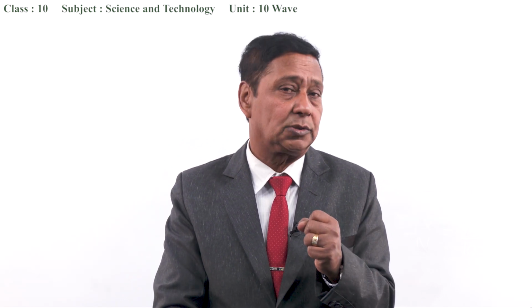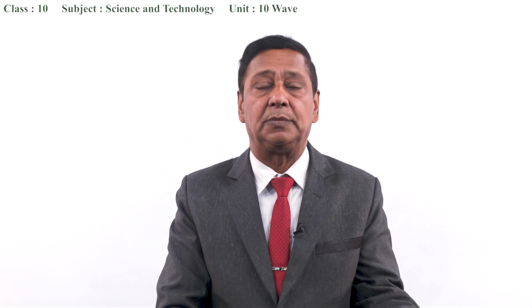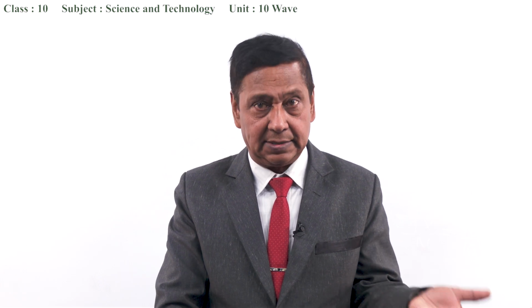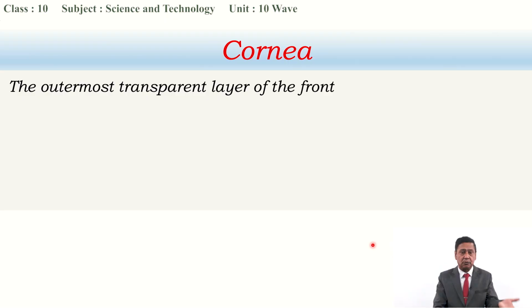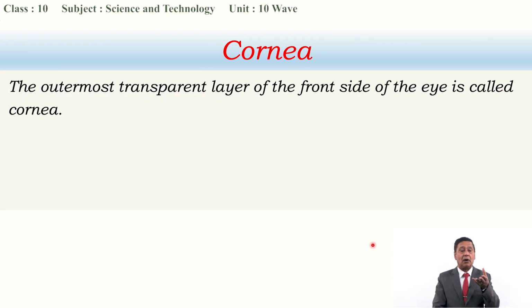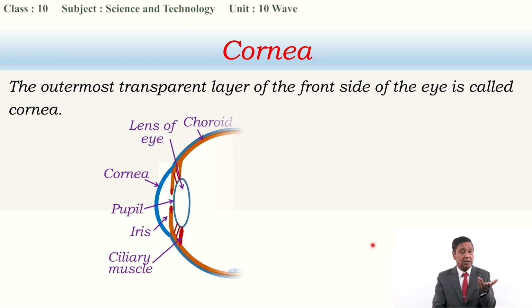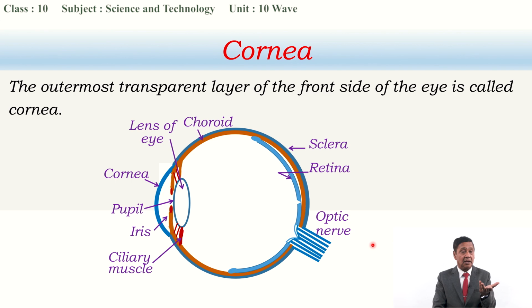Now let's talk about the cornea in detail, because the cornea is one of the very important parts of our eye. What is it? The cornea is the outermost transparent layer of the front side of the eye. In the previous class I made this diagram and told you that here we have the cornea.